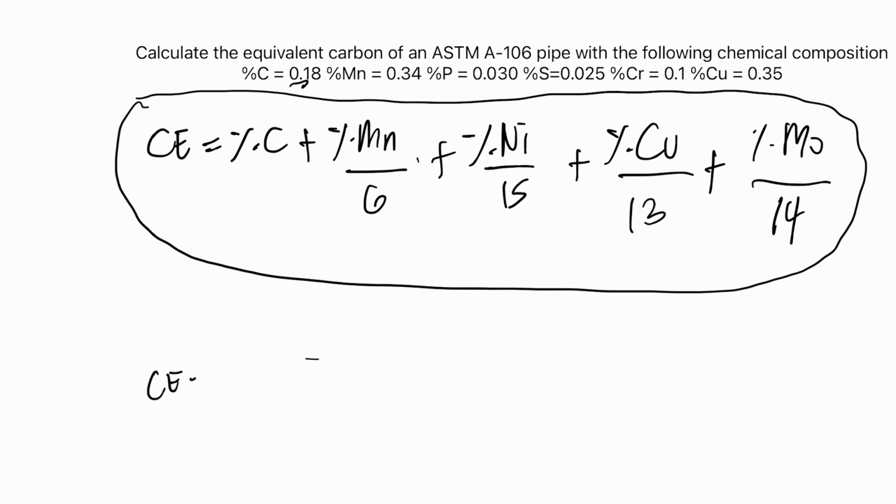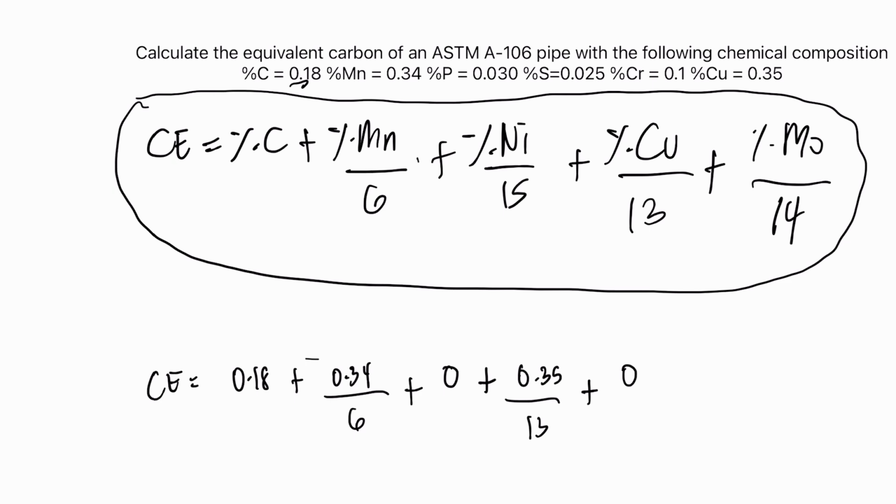So the equivalent carbon here is 0.18 plus 0.34 over 6 plus the nickel value. We don't have the nickel here, so that is 0, plus the copper content, which is 0.35 over 13, plus molybdenum. We don't have a molybdenum percentage for the ASTM A1065, so we will have that as 0 as well.